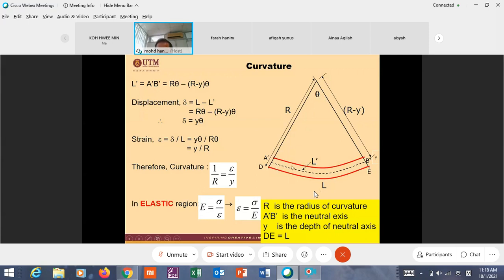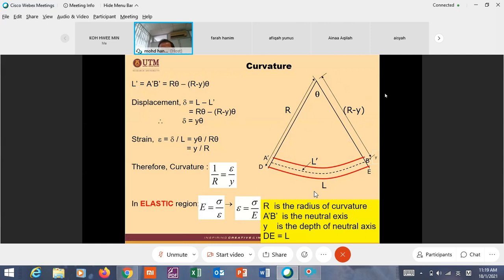So what is the significance of small? We'll see later. Why do we assume it as small?